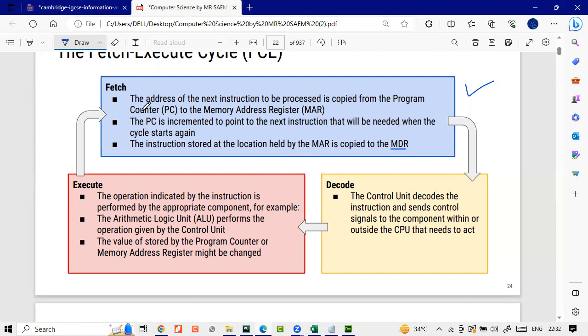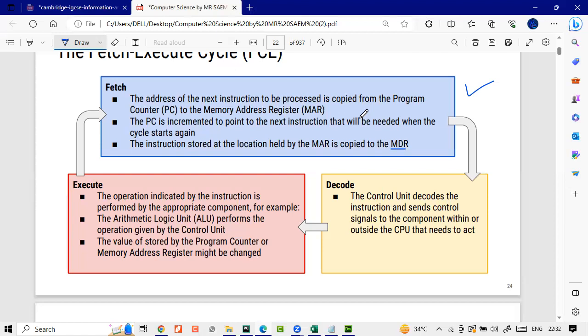So in fetch, we are talking about the program counter, the memory address register, and the MDR. We have to mention that, because if you fetch something, you have to say this is the first data I have fetched, and then the program counter says the second one will be fetched, or the third one. At the same time, you're fetching this data from a particular address, so MAR is playing its role as well.